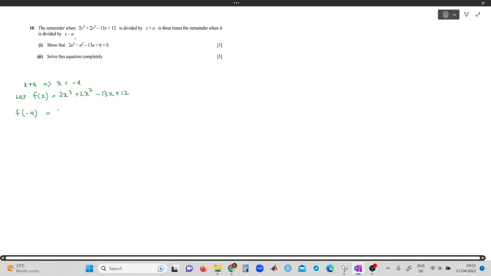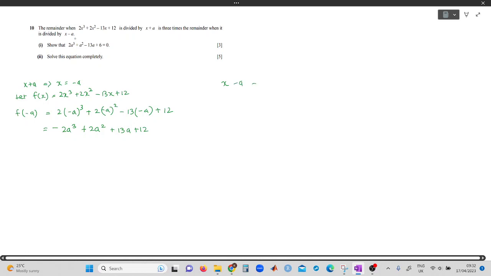So it will be 2 minus a cube plus 2 minus a square minus 13 minus a plus 12. So it will be minus 2a cube plus 2a square plus 13a plus 12. This is the remainder quand nous divise par x plus a.